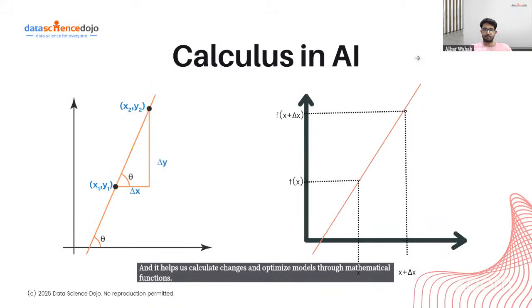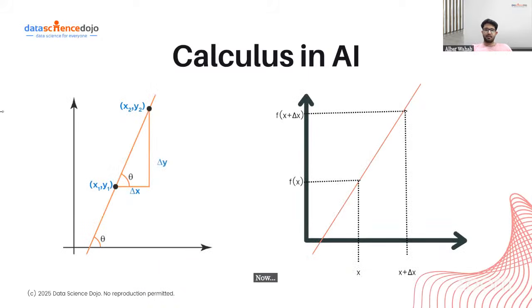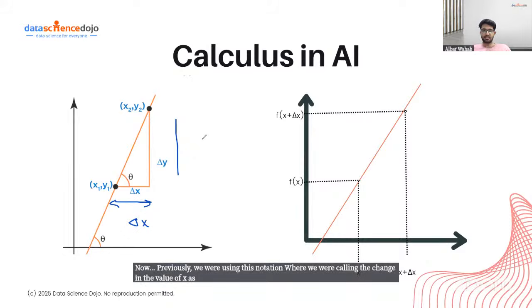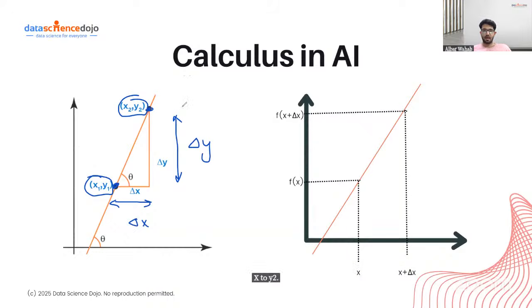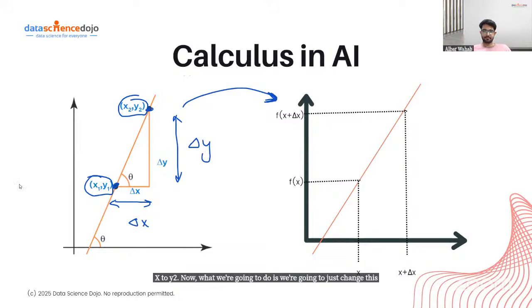Now, previously, we were using this notation where we were calling the change in the value of x as delta x and the change in value of y as delta y. And this was one coordinate, x1, y1, and this was the other coordinate, x2, y2. Now, what we're going to do is we're going to just change this notation a bit.